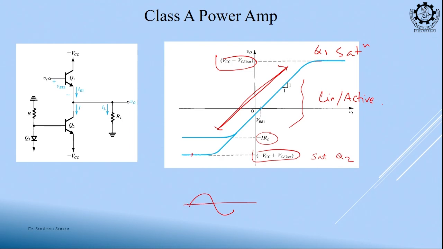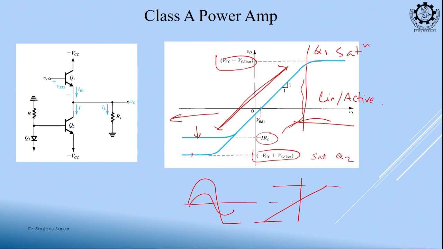So, suppose it is amplified, this will be clipped. If this is flat, what is the meaning? Input is falling, but output is not able to fall. After this point, what is the meaning? Input is increasing, but output is not able to increase, output is flat. So, that is the point you do not want, you want up to this.